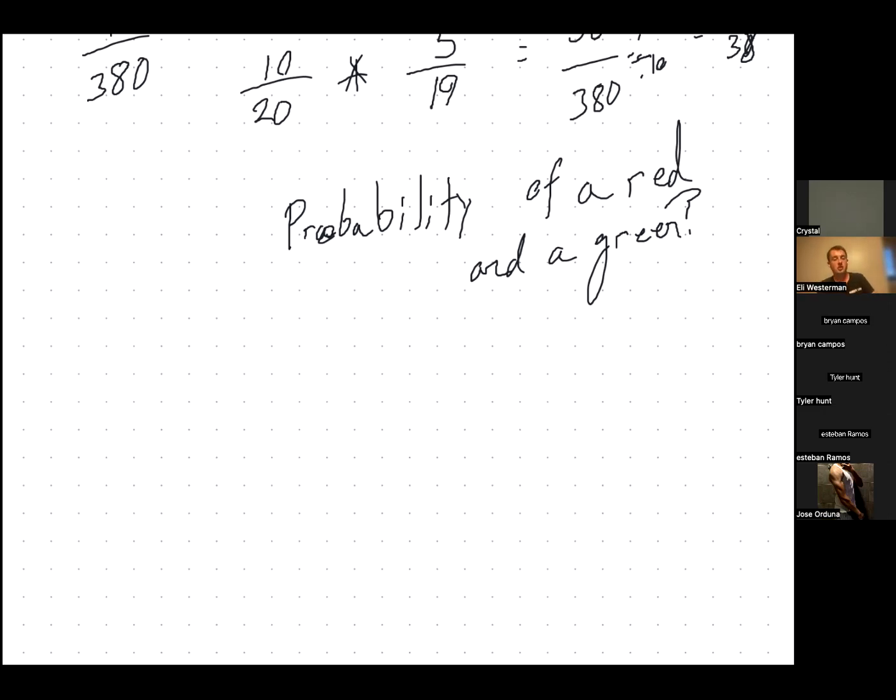All right, so probability of a red is 1 over 20. Okay, I'll wait. Someone wants me to hold up. So I'm holding up for you.